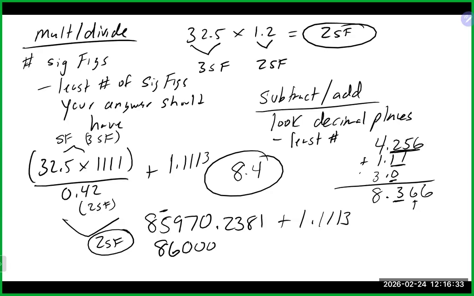But basically, the importance of that is that now that I'm adding here, I have to look not at significant figures, but at decimal places. And based on where this number should end, it has no decimal places. This has four decimal places. So my answer should end up, in this case, as a whole number.